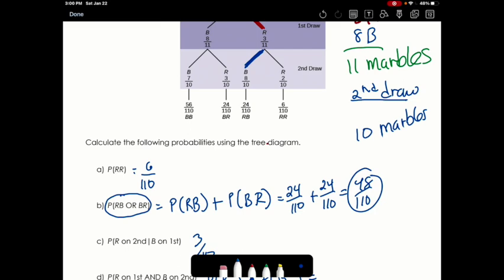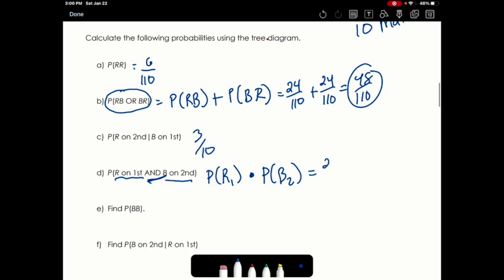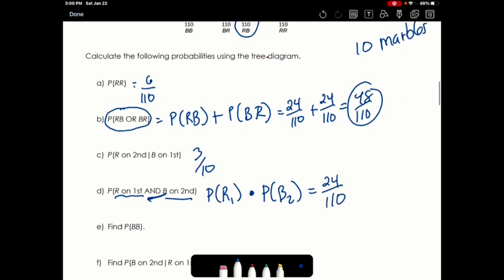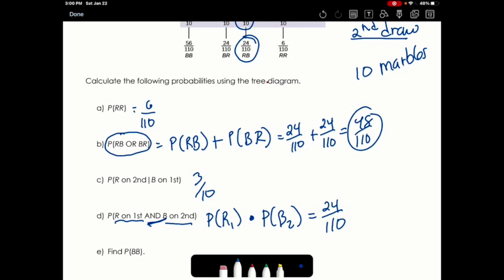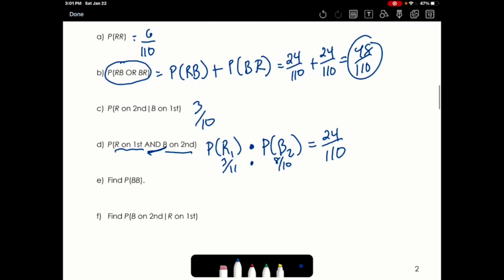If I get a red on the first and then a blue on the second, that's this path that we're taking here. So remember with and I multiply, so I take 3/11 times 8/10, and that gives me this 24 over 110. And that is because, let me write in the extra steps, this is 3/11 and then this is 8/10.